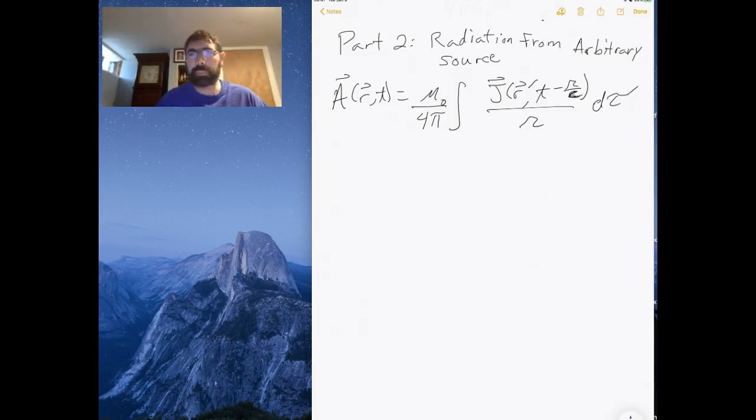So we could do all the same approximations to rewrite the r. If we use those same approximations, like the Taylor expansion and taking only first order terms in r prime, then r just becomes r.